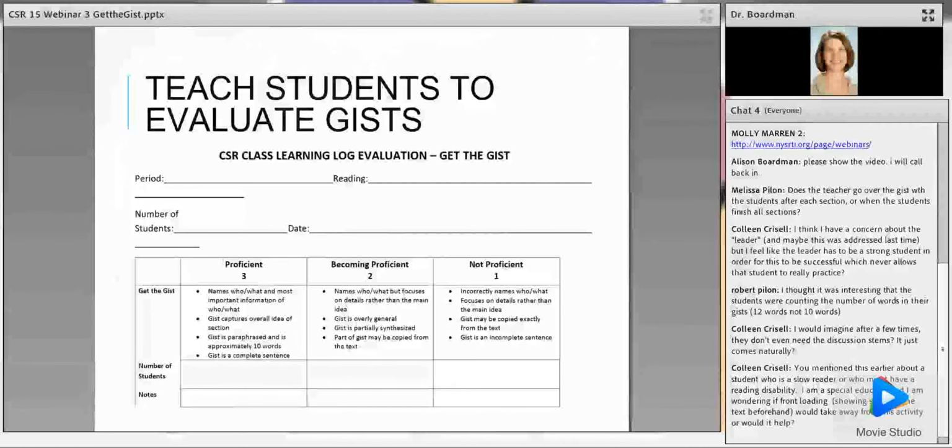And Colleen has a question, and she's talking about kids who have learning disabilities or reading disabilities. And she is wondering if showing kids the text beforehand would take away from the activity or help. So that's a great question. And if I were you, I would try it both ways.